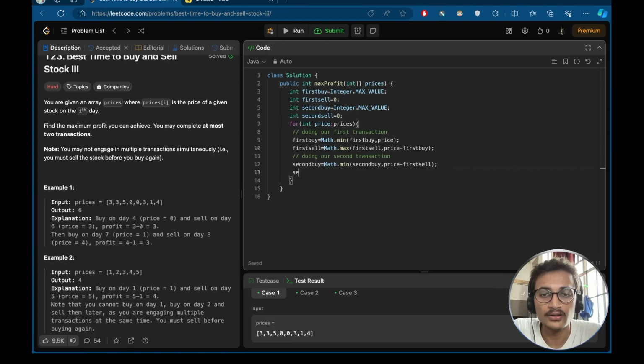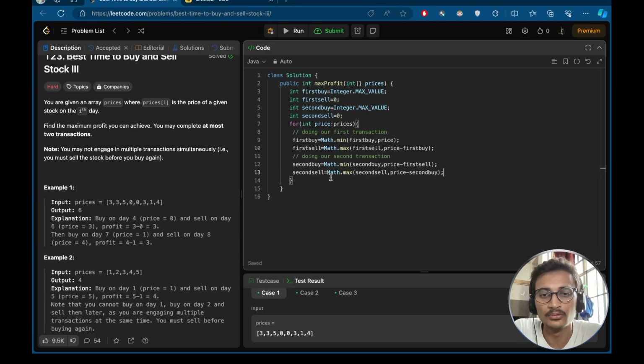Now let's find the second sell, which will be our final profit. So Math.max of our second sell and price minus second buy.